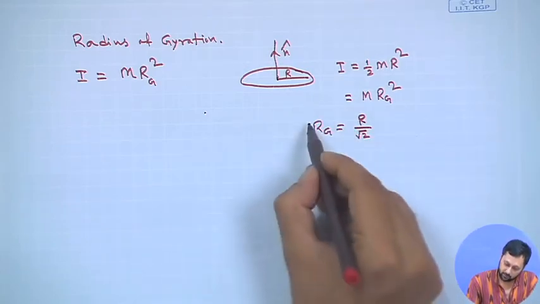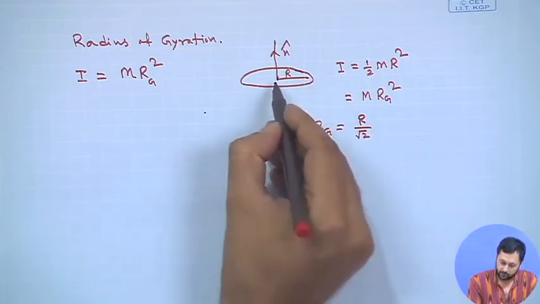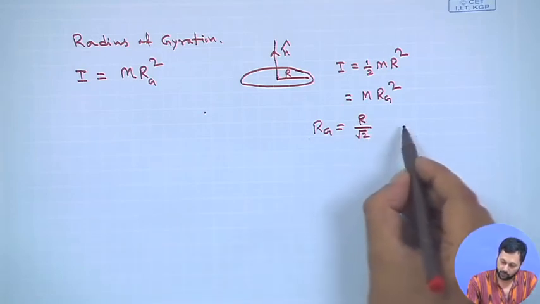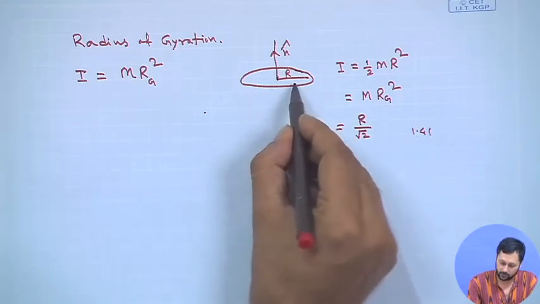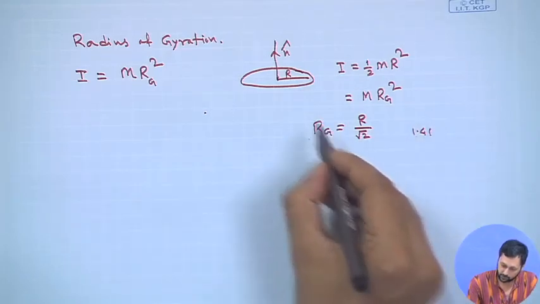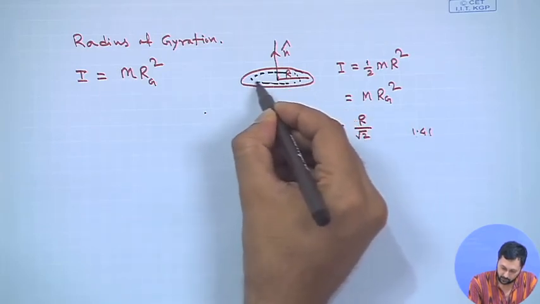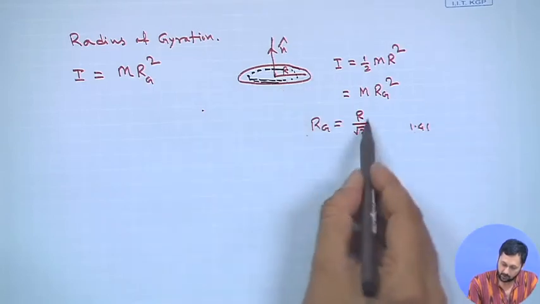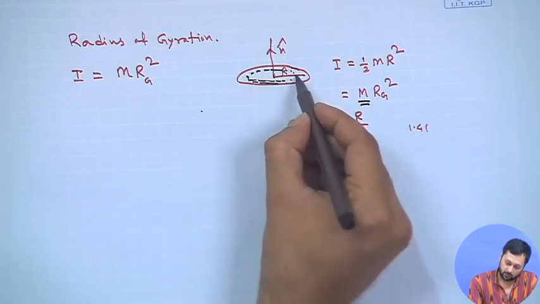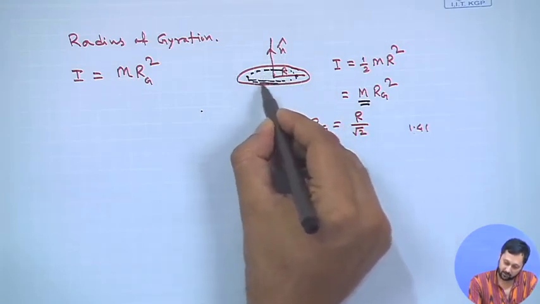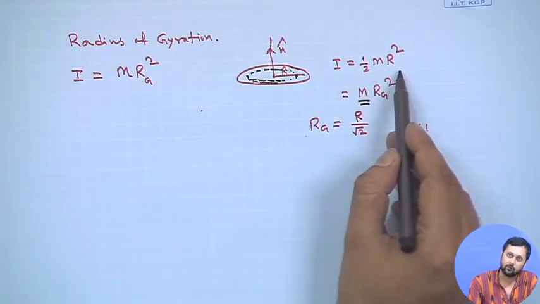Now, root 2 is 1.41, so r_g will be shorter than R. If we find this particular radius, and an object with mass m, the mass of this whole system, rotates around the same axis with a radius of r_g, it will produce the exact same moment of inertia.